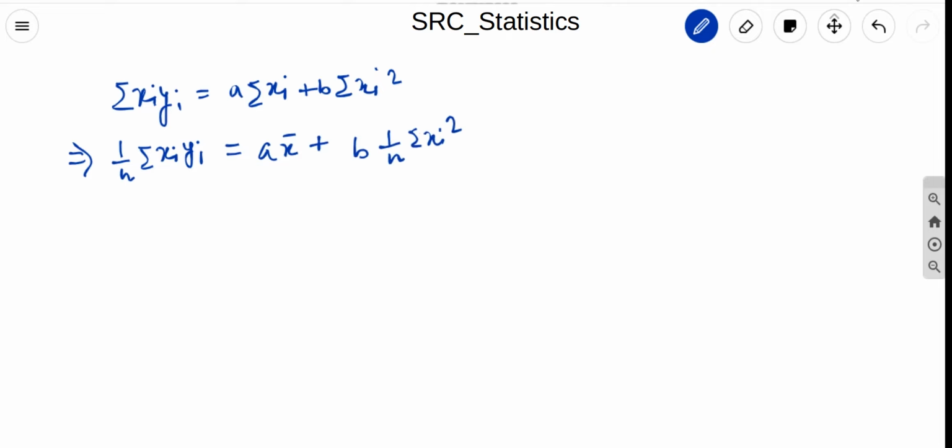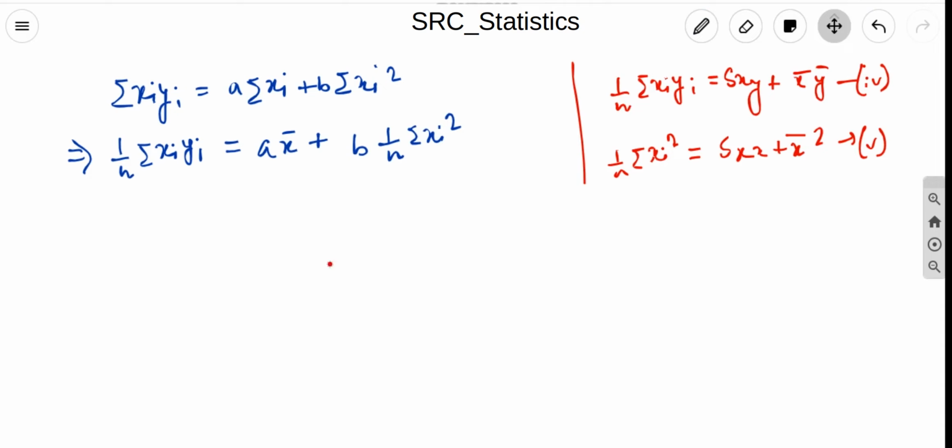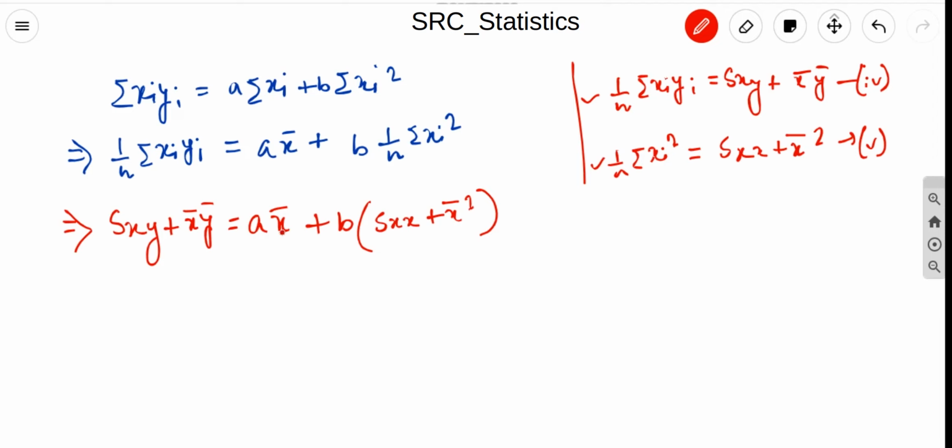Now we shall use equation 4 and equation 5 in this equation. From equation 4, this equals sxy plus x bar y bar is equal to a x bar plus b into sxx plus x bar square. This we have put from equation 5.